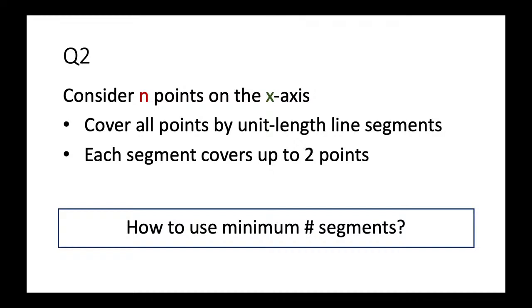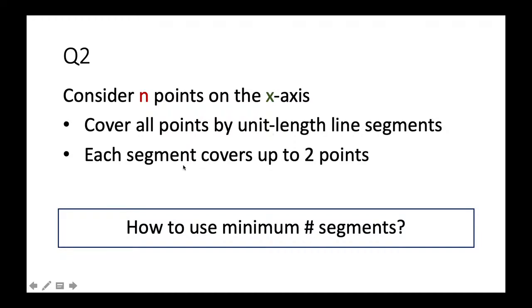Okay, for question 2, we are looking at a problem that is similar to an assignment question. We have n points located on the x-axis, and we want to cover all the points by using line segments, and each line segment has only unit length.